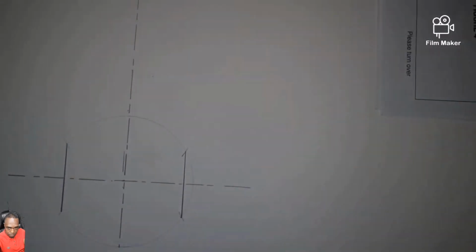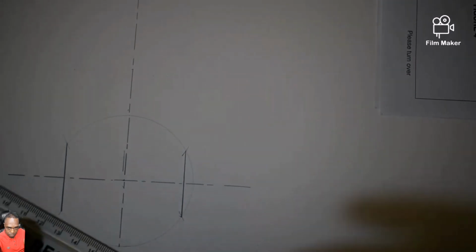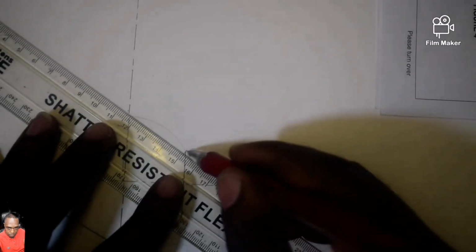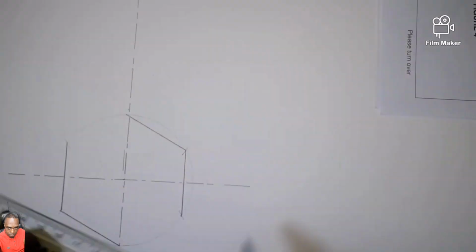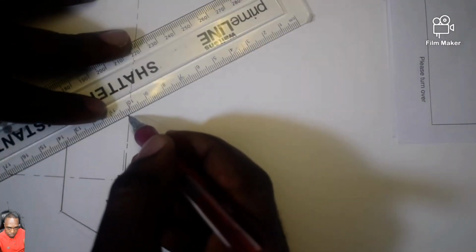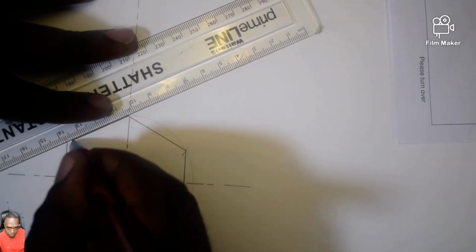Then from there, this one and this one must be parallel vertical. Now I can take my ruler and join from here till there, from here to there.